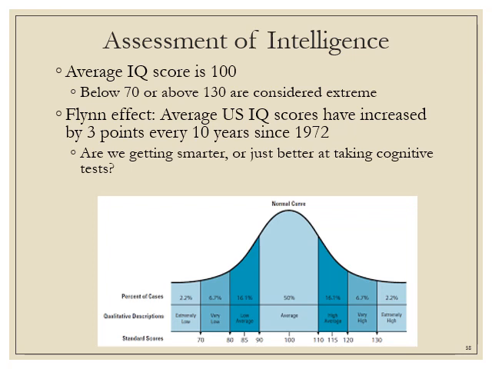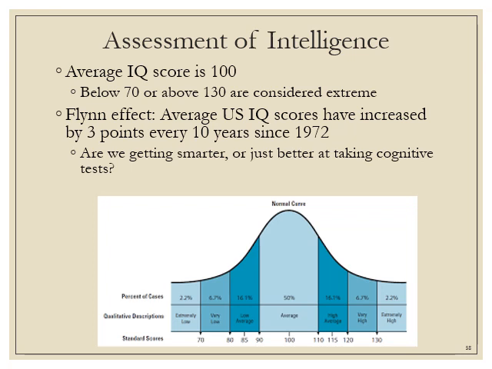There's a really interesting effect called the Flynn effect, which is the observation that the average IQ within the US has been significantly increasing by 3 points every 10 years since 1972. So an average person now scores maybe 12 points higher than an average person back in the 70s.